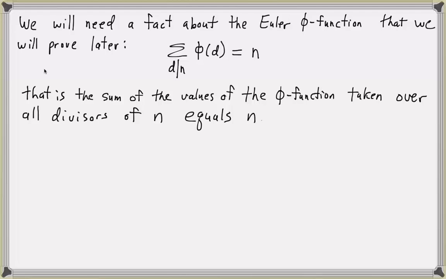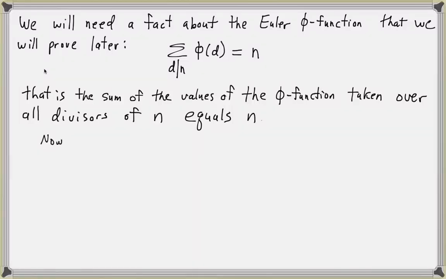Now we showed that capital N of h is less than or equal to phi of h. So suppose there's one particular h dividing p minus 1 where N of h is less than phi of h.